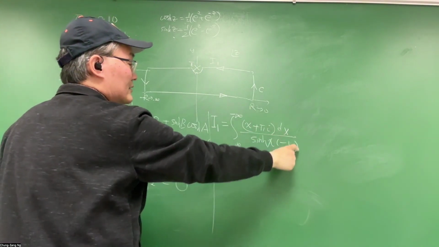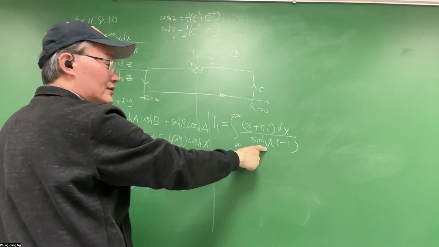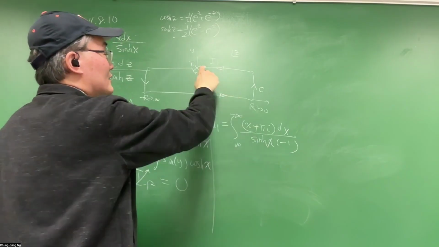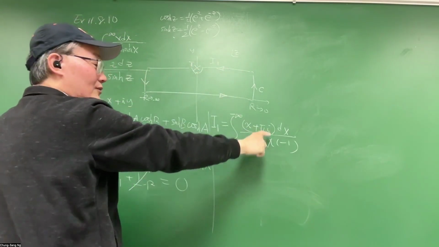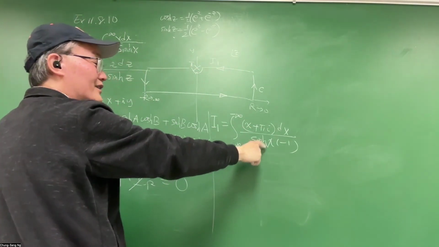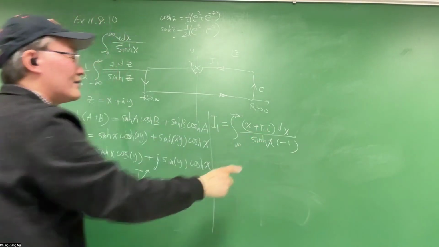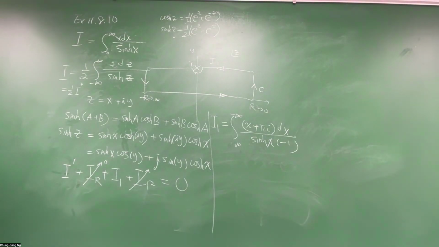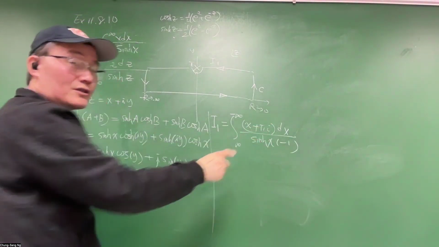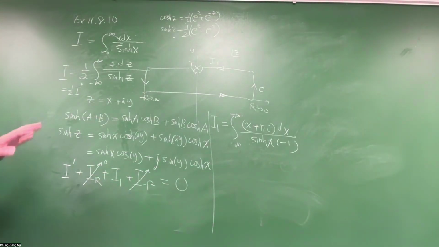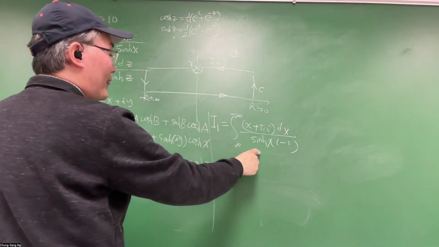Then this part will cancel because this is an odd function. The imaginary part will cancel as long as you're not hitting the singularity. So the imaginary part of the integral cancels due to symmetry. You integrate an odd function over equal parts in positive and minus x, so that will cancel.